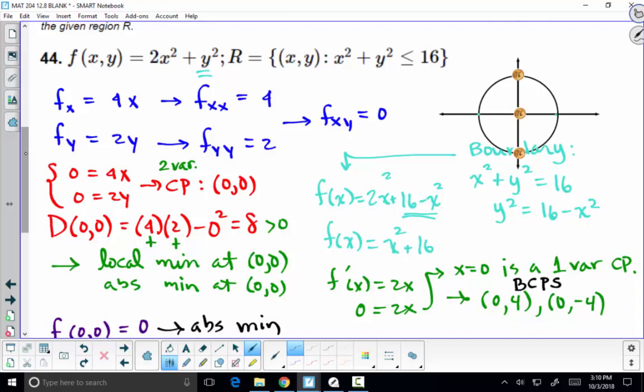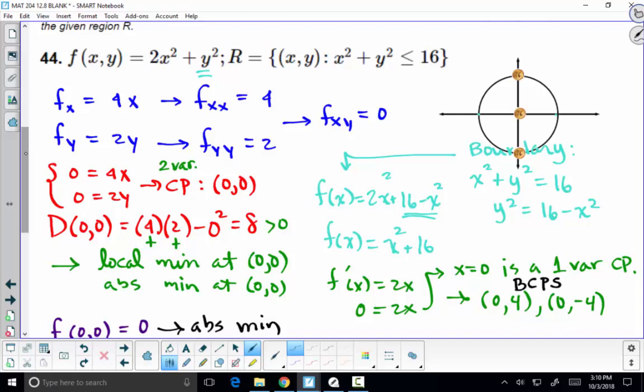Right? This is just a paraboloid, though. There's no asymptotes. How is this possible? Hold on. Aren't our critical points 0, comma 4, not 4, comma 0? The critical point right down there that we found is 0 comma 4, but 0 comma 4 only corresponds to 16, and 4 comma 0 corresponds to 32.